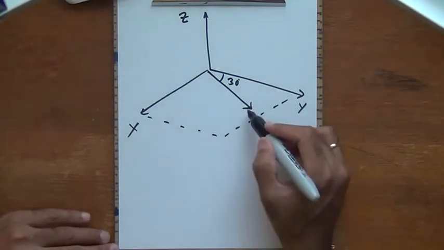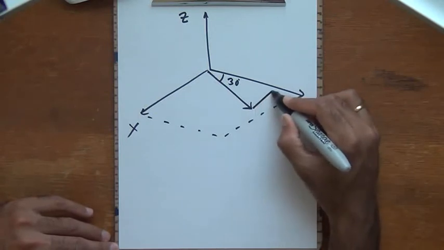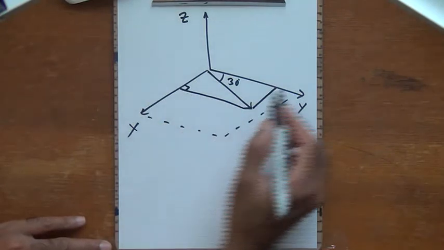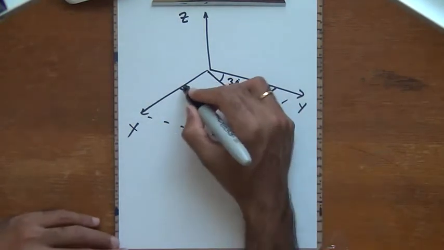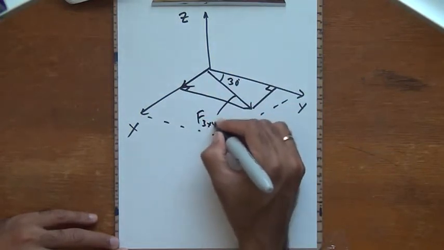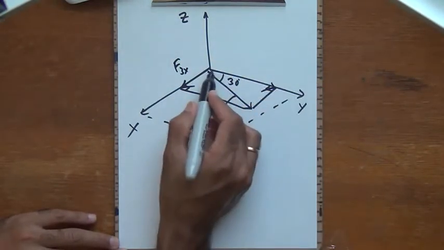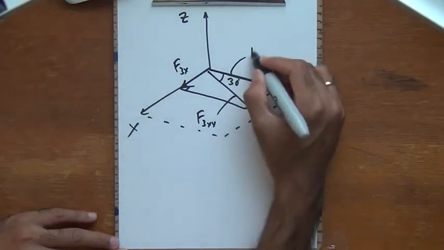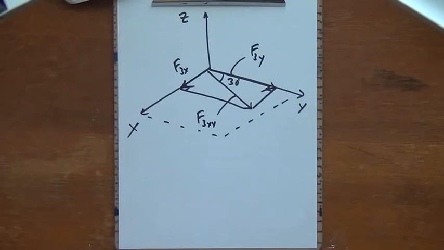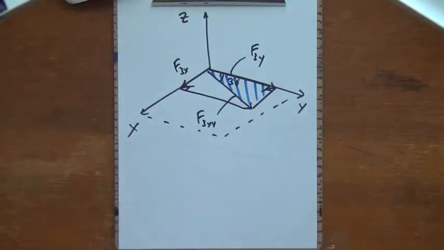From the head of this force vector, if I draw lines parallel to the x and the y directions, you see here, and one more, this is a 90-degree triangle. If I call this F3xy, this is going to be F3x, and this is going to be F3y. The triangle that we are interested in is this triangle here, or the other triangle. It does not make a difference to us.